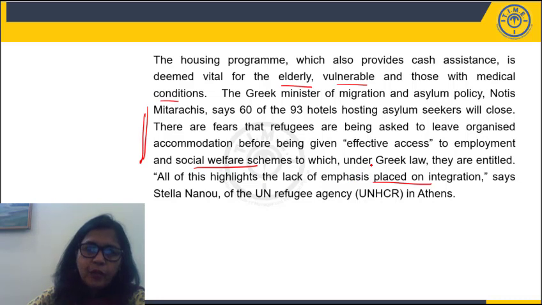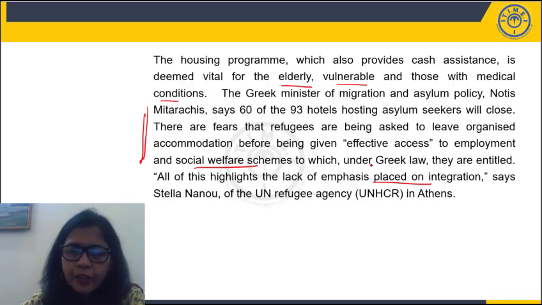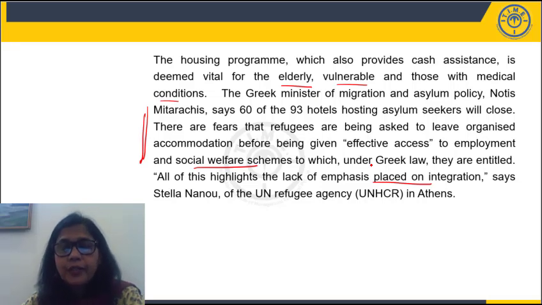Fine. Now we start with the questions. So it was not a difficult passage. For those of you who have been reading newspapers and following the world stories, you may know something more about the Syrian crisis, or the island camps where the refugees were placed and other things.